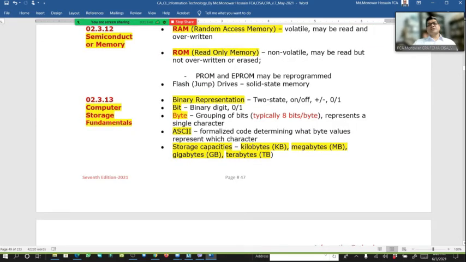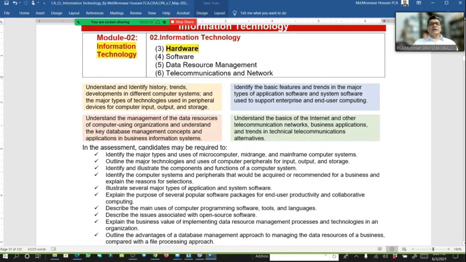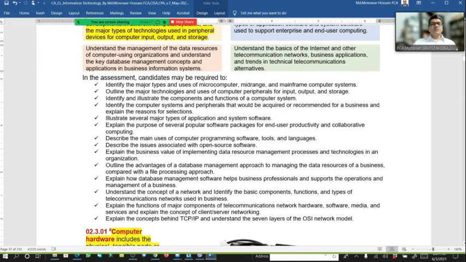Here we discuss hardware, and understand the history of hardware, its trends, development, etc. Storage, input, output. Here we identify micro, mid, and mainframe computers. We identify computer peripherals, input, output, storage, computer systems, etc.